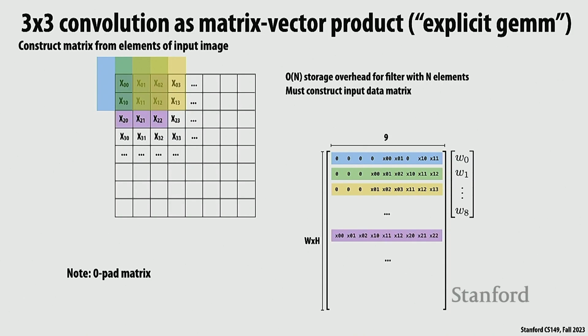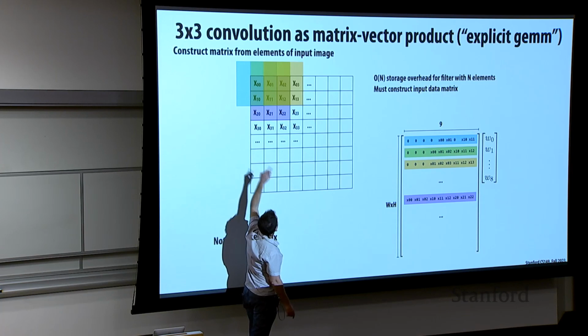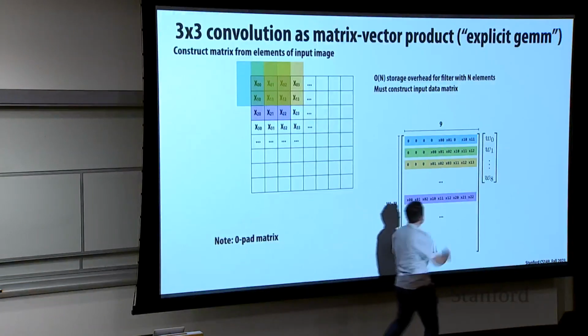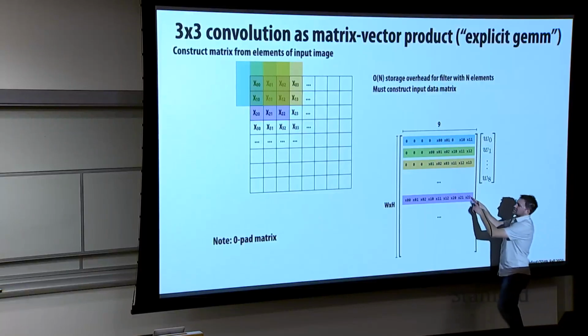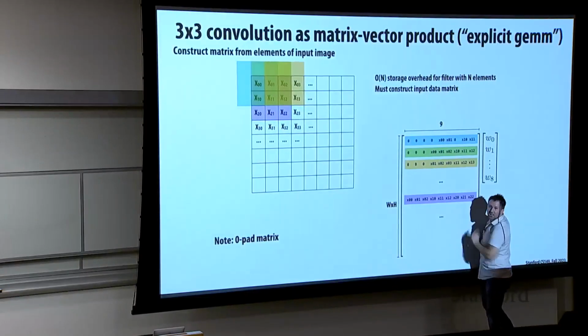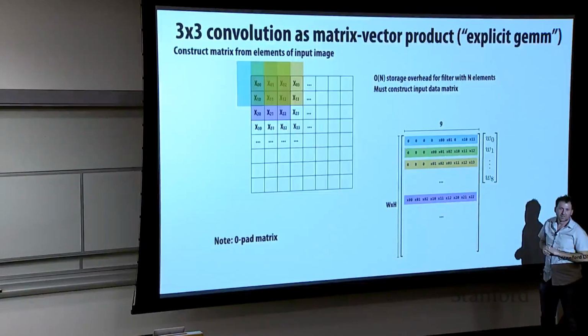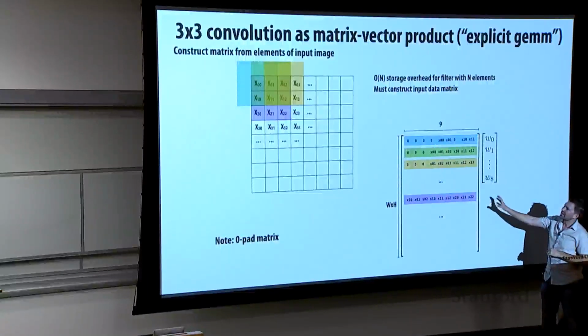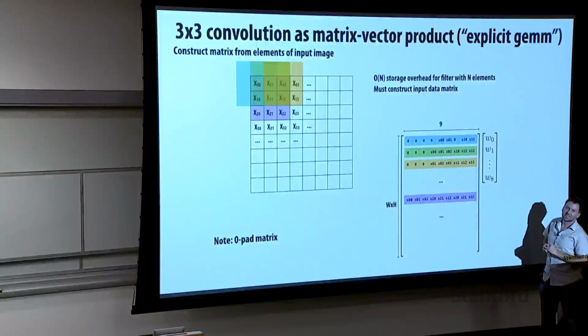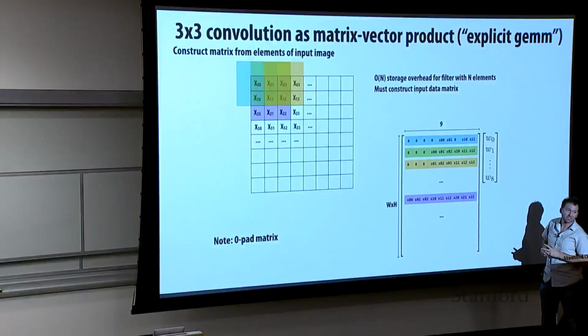If I'm going to produce the output pixel at the 1, 1 coordinate, I'm going to need those 9 pixels from the input. So I just copy them in right here, and the output of the convolution is just the dot product there. I hope you can see at this point that with the appropriate padding and data duplication, I can implement convolution as a matrix vector product.